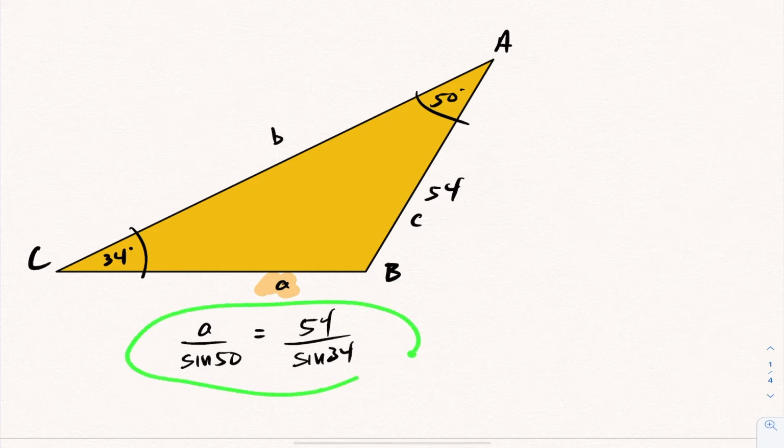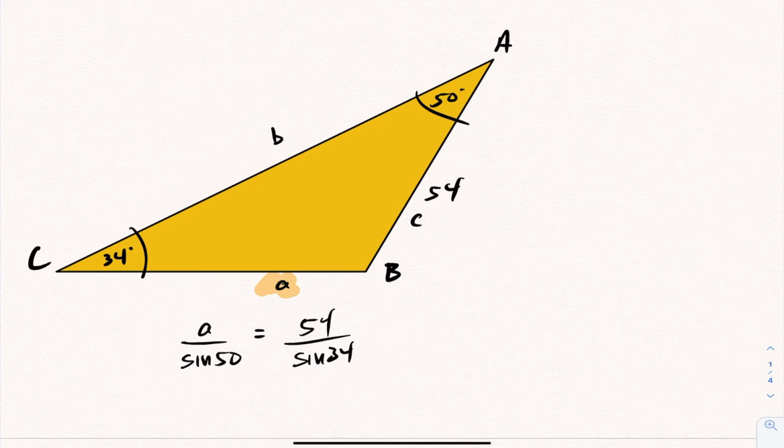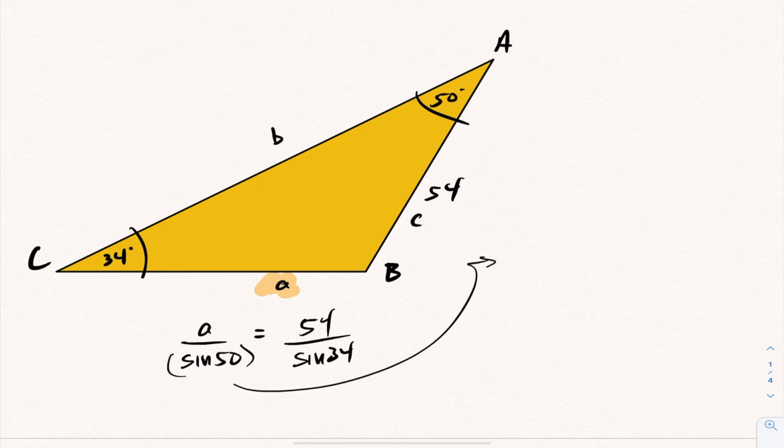Now notice here, I have an equation, and I want to solve for the variable a. So the sine of 50 is just a number. That sine of 50 that we have down here, this is just a number. So if this was a 2, we would multiply across by 2. If this was a 3, you multiply across by 3. It's a sine of 50, so I'm just going to multiply across by the sine of 50.